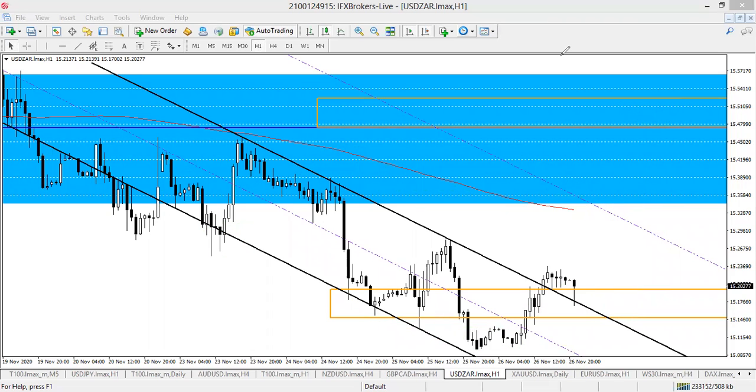So right now, USDZAR is looking a bit bullish. That means that NASDAQ could be bearish. We all know that.